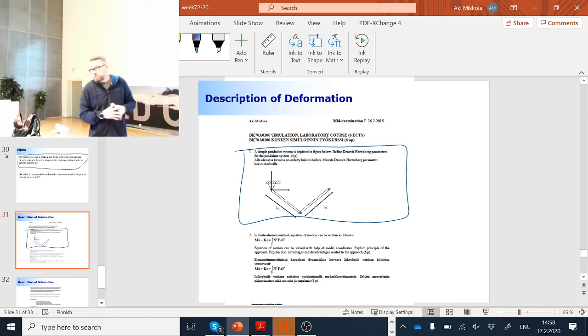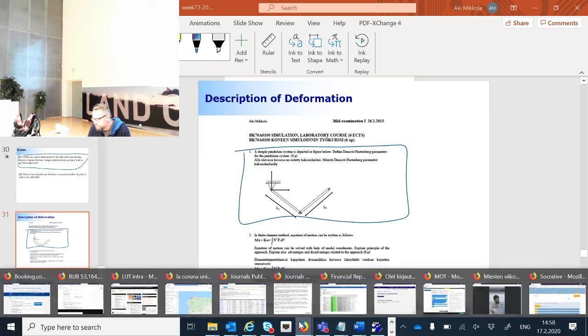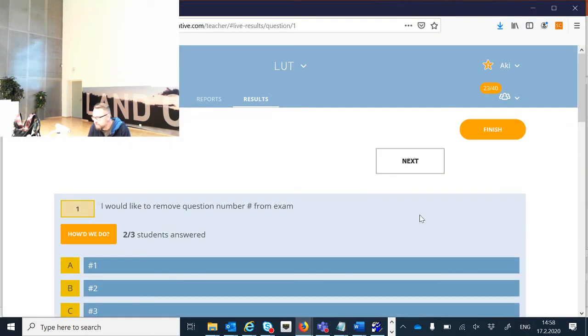So are we ready to vote? Let's vote. Now, two voting actions. First voting is this. I would like to remove question number, hashtag, from the exam.